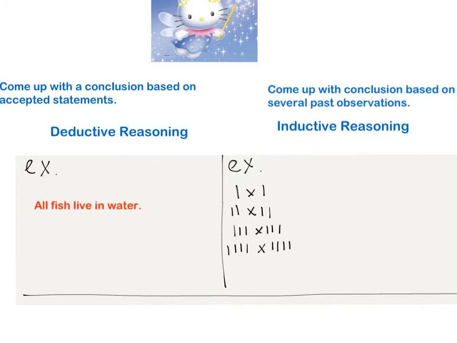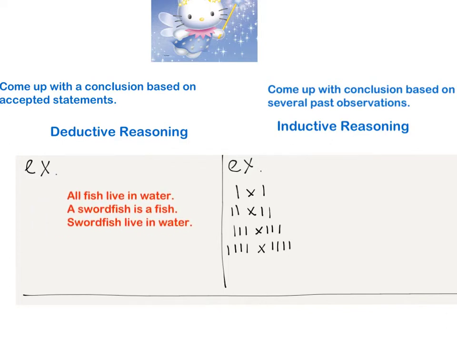I'm not being specific, I'm just saying all fish live in water. I also know that a swordfish is a fish. It's even in its name. Those are 2 accepted statements. So what can I conclude? That swordfish live in water.